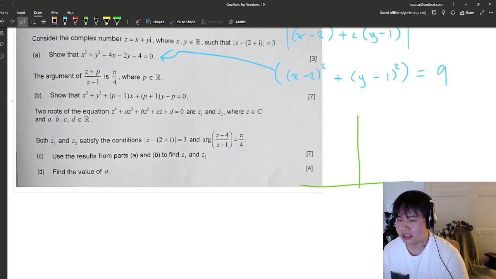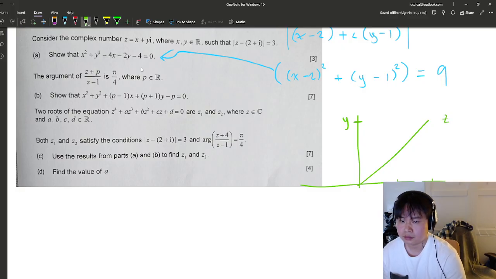We have x and y. And then p is a real number. Okay. So, okay, this is z plus p, right?